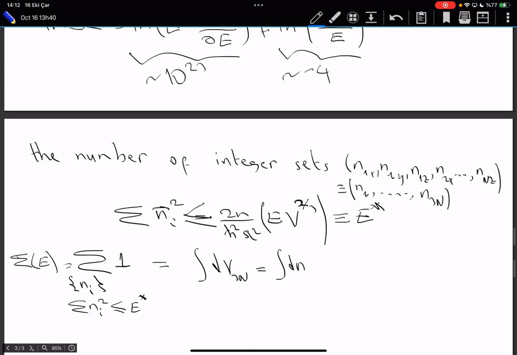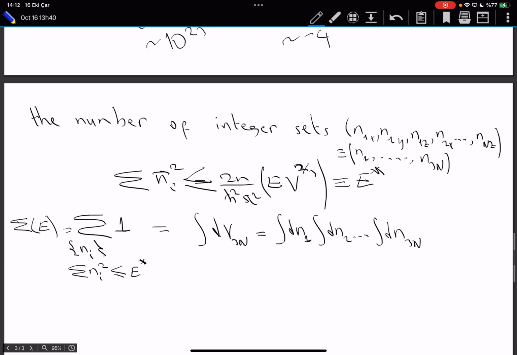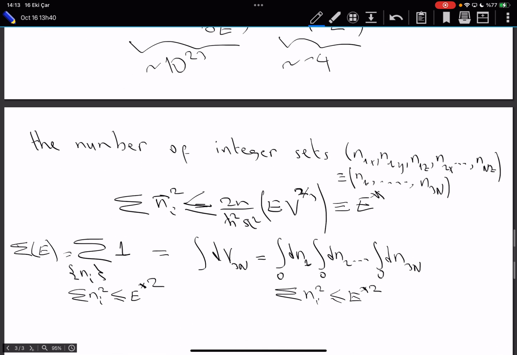The integral over n1, the integral over n2, the integral over n3n. Of course, these integrals all start from 0, and it will go up to this boundary: the sum over ni squared is less than or equal to E star. No, E star, sorry, not squared.